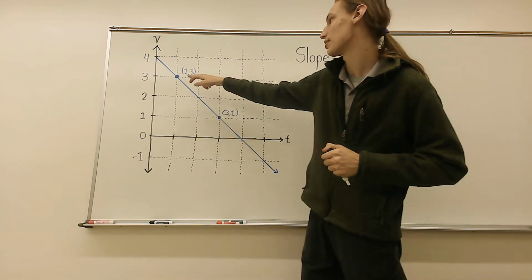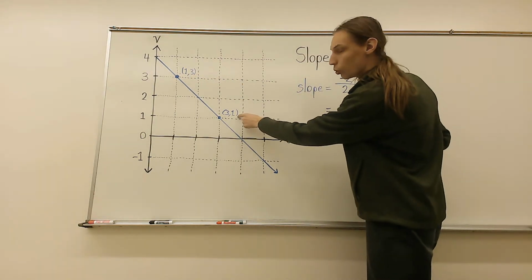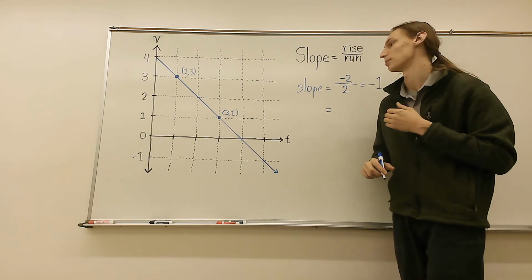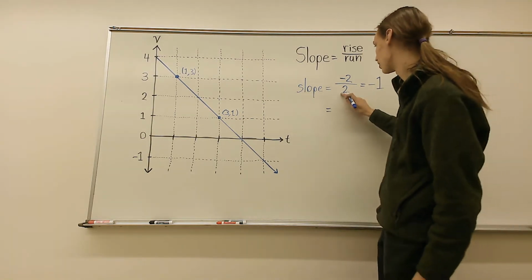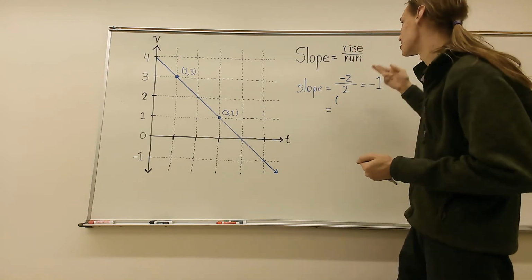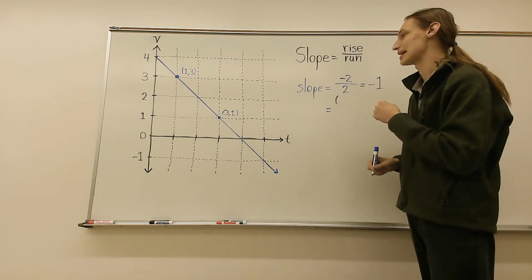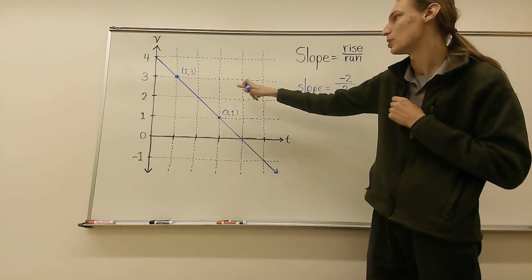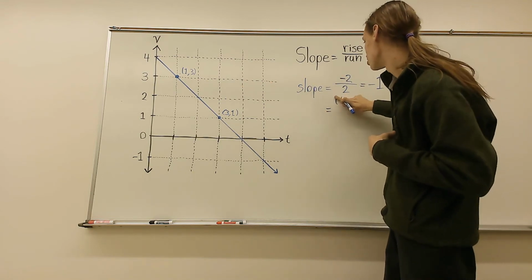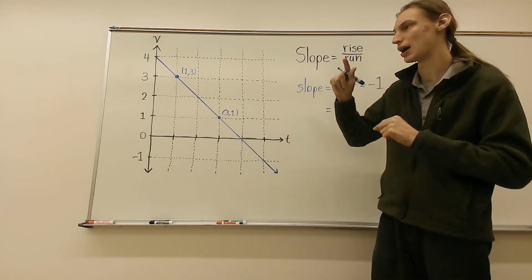Instead of counting the change on the grid marks, we can actually input the coordinates of the points into this formula. So the way that we calculate that is the same way. We do rise over run, but instead of counting out the increments that it rises, we input the coordinates. So rise, again, means the change on the vertical axis.